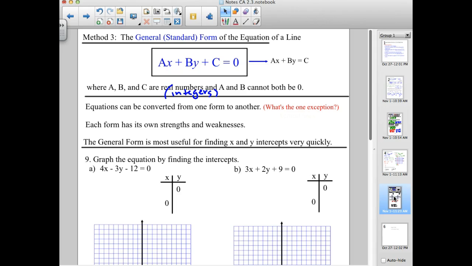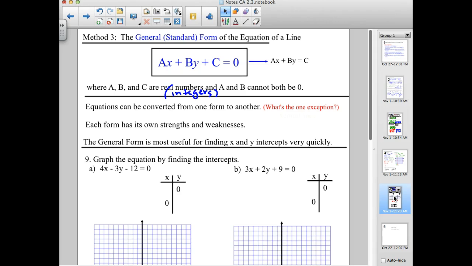Equations can be converted from one form to another. We just showed that you could take point-slope form and convert it into slope-intercept. You could take slope-intercept and convert it into general form. You can go back and forth between them, with one exception. What's the one kind of line that we can't put in other forms? It has to be in general form.